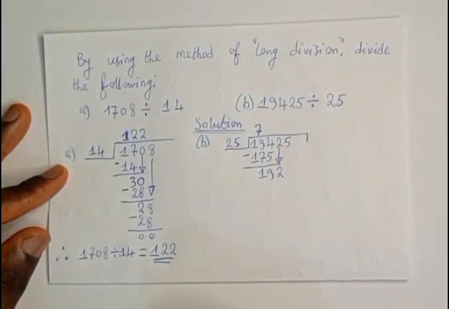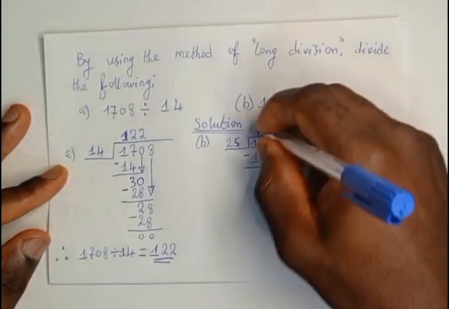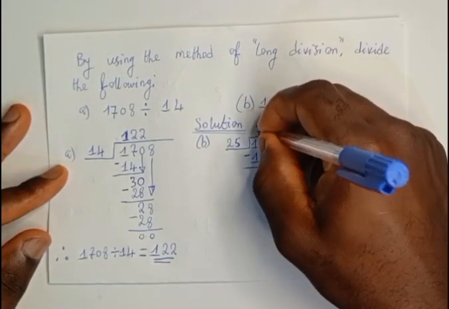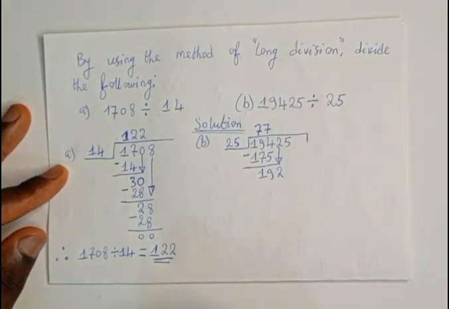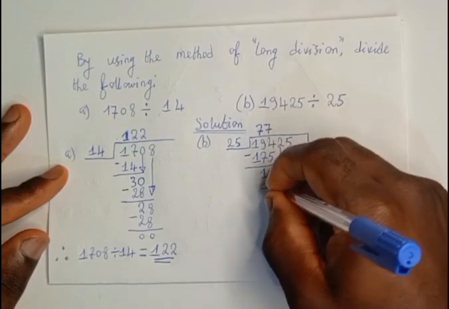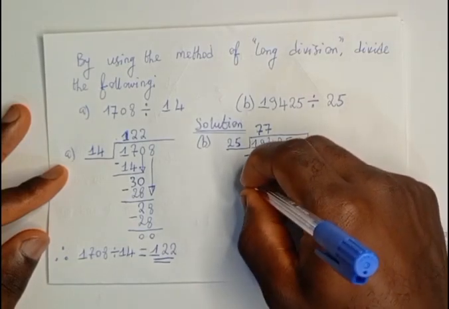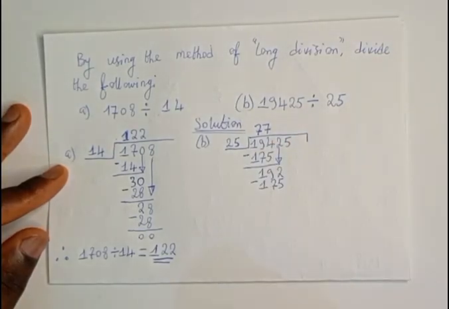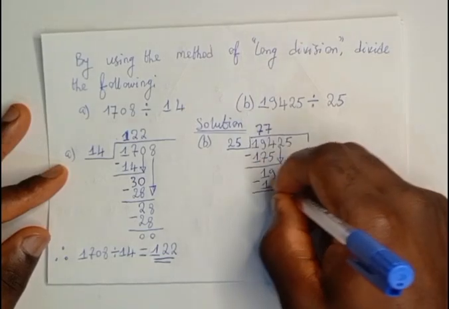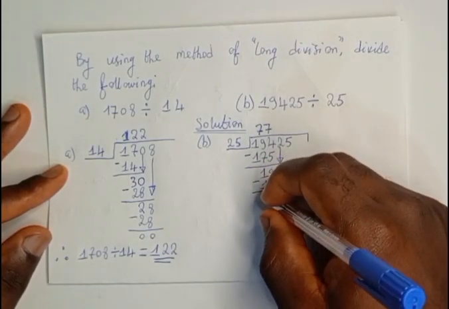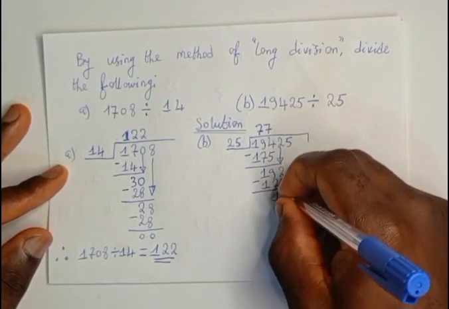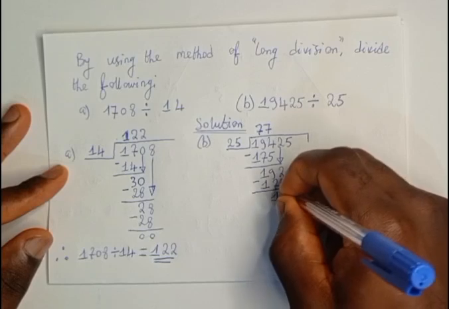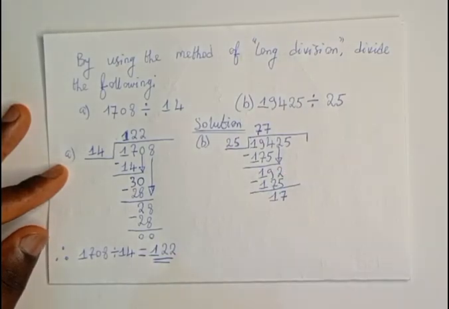192. 192 divided by 25 gives us the whole number part of 7. 7 times 25 gives us 175. We have to subtract 175 from 192, and this will give us 17. 17 is less than 25.